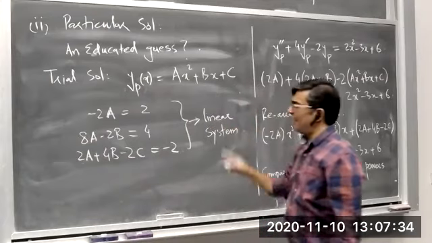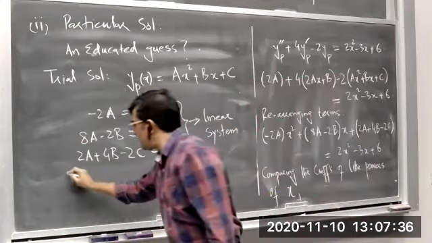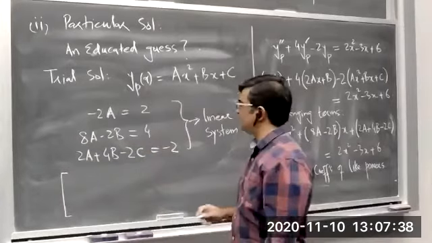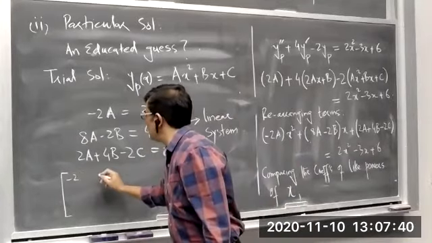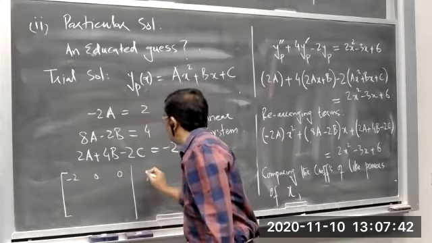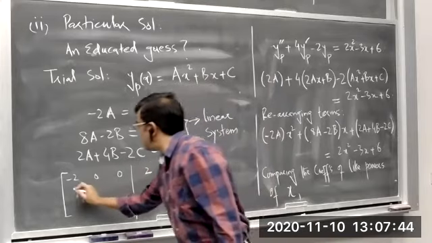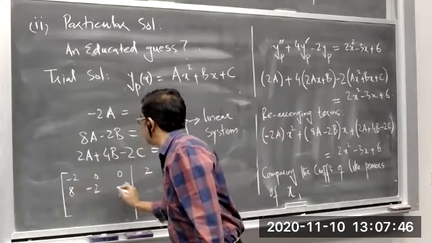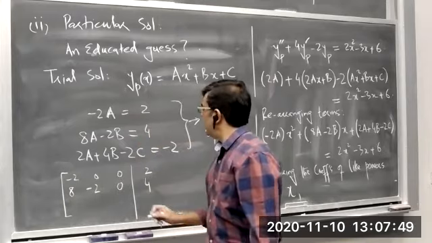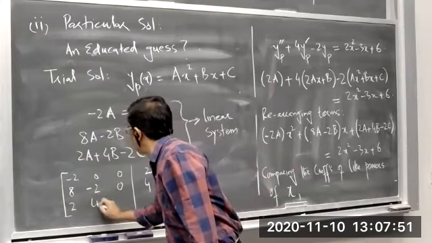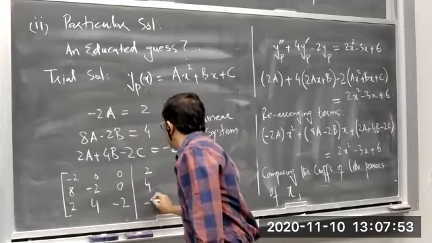of equations in a, b, c, which we can write the augmented matrix of this system as -2, 0, 0, 2, and then 8, -2, 0, 4, and then 2, 4, -2, -2.